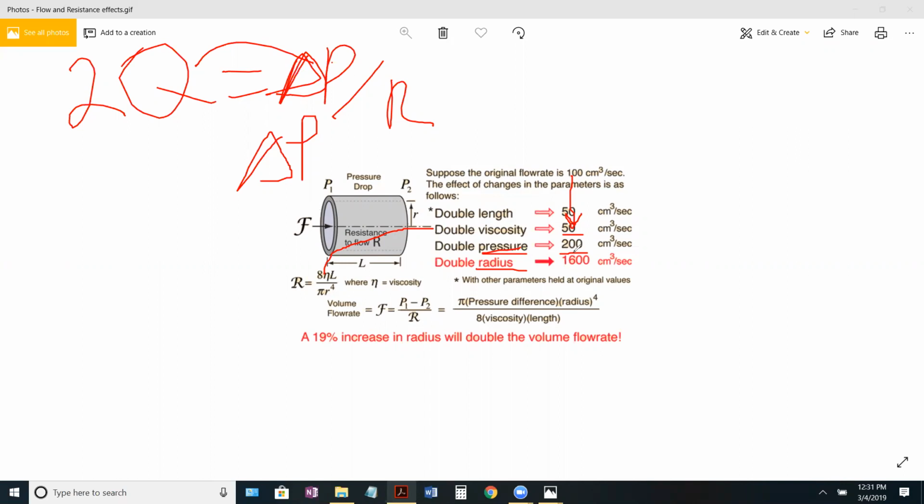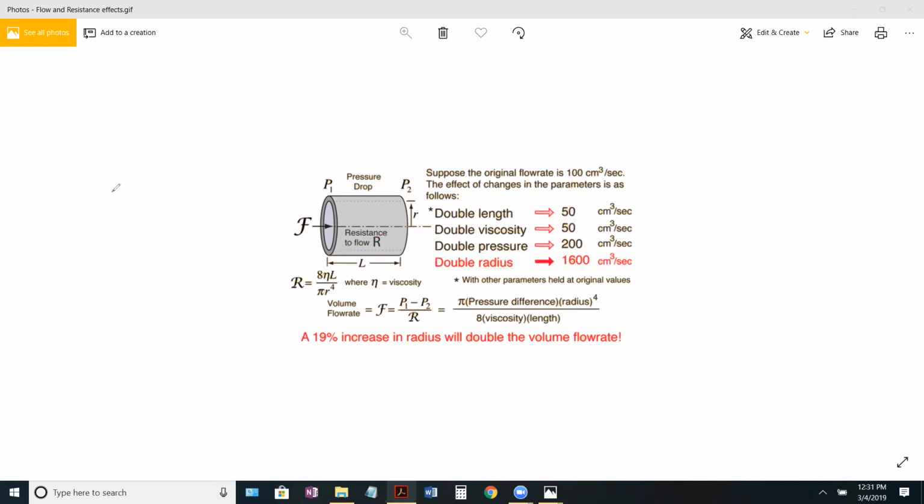But this is the most common question they ask you. Okay, so if initially the flow is 100, and I decrease the radius by half, so the radius is now 1 by 2. So you have to take the power of 4 of this 1 by 2, because other things don't have any power.